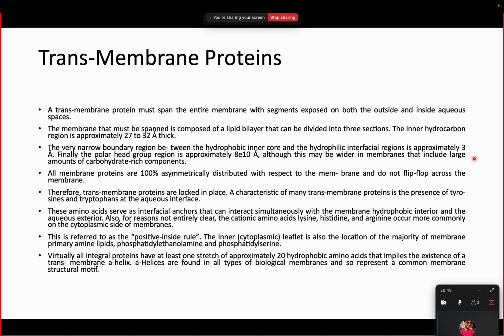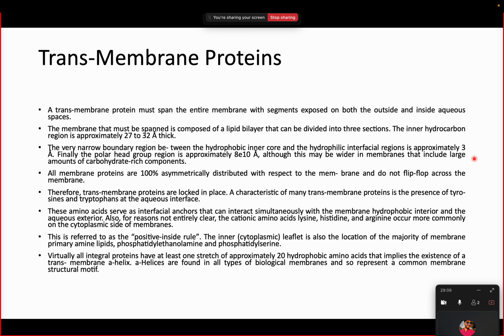Hence, I mentioned that these types of amino acids will tend to stay at the interface between the lipid bilayer and the interior of a lipid membrane, right? These amino acids serve as interfacial anchors that can interact simultaneously with the membrane hydrophobic interior and the aqueous exterior.